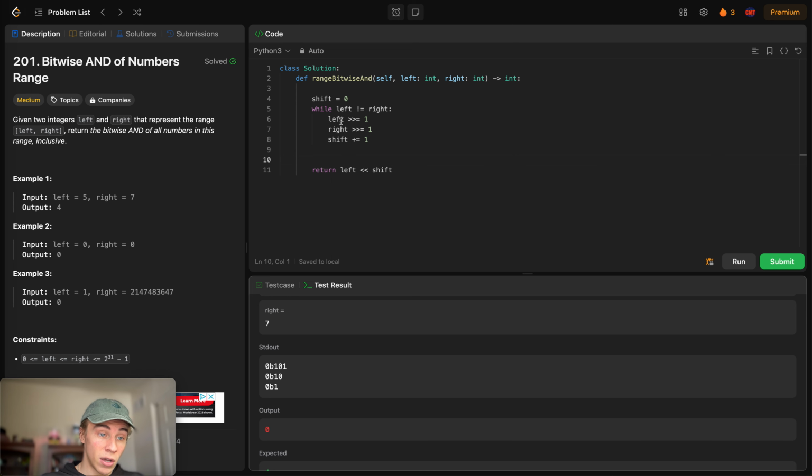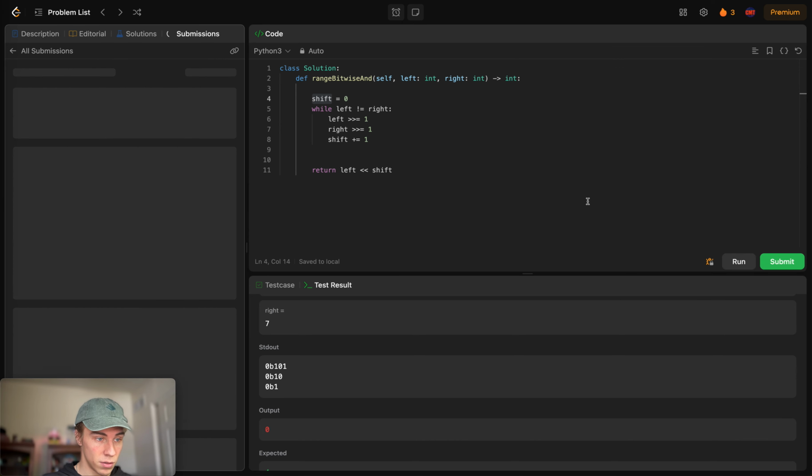So as soon as I find the common prefix between left and right, and that's dictated by this is going to be the left prefix. Let's call this prefix, yeah, and the right prefix. At that point, all I have to do now is get it back to the original, left shifted the right number of times, which is going to be shift. Let's submit this, and this should be correct.